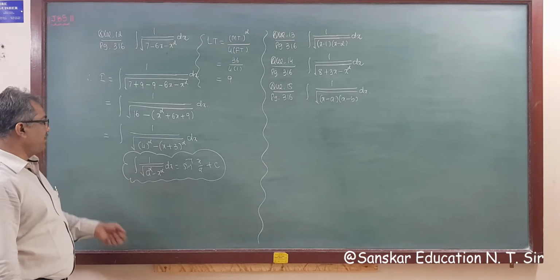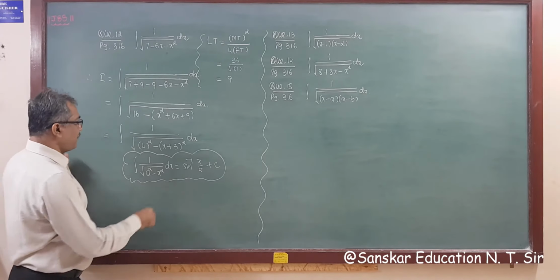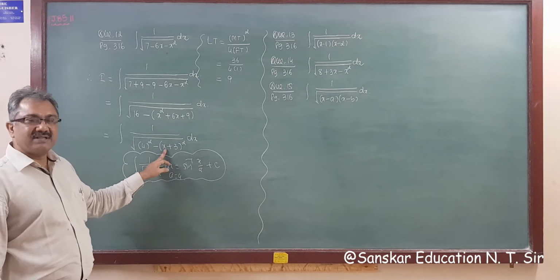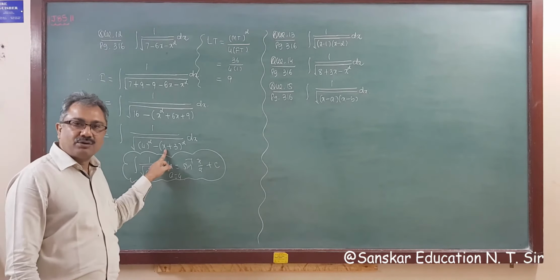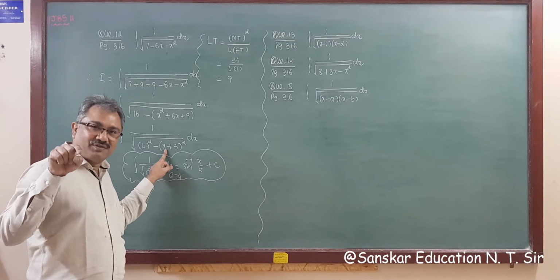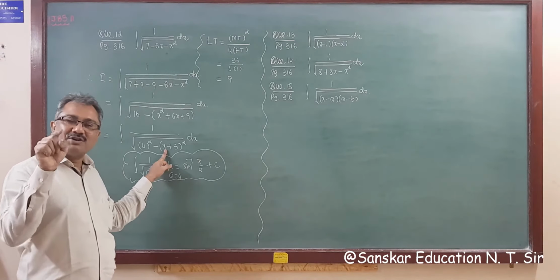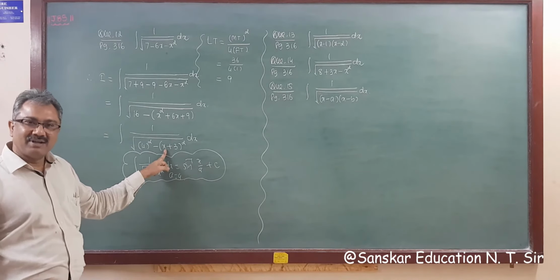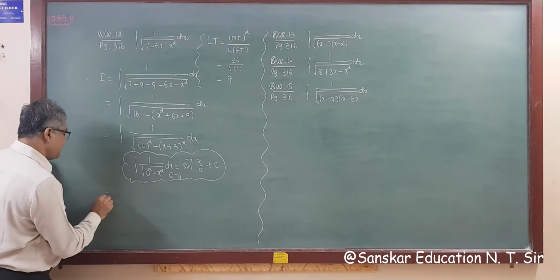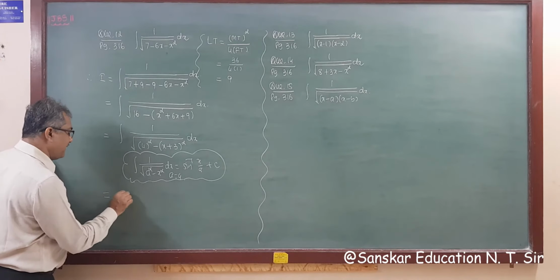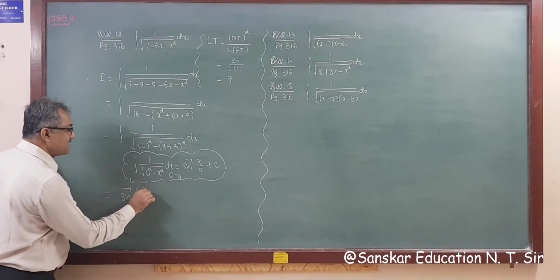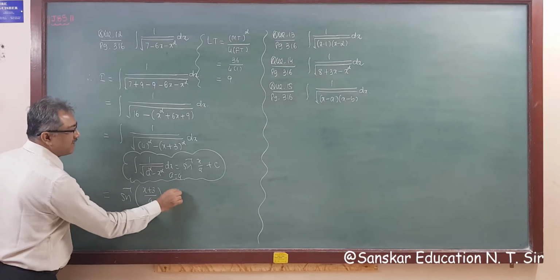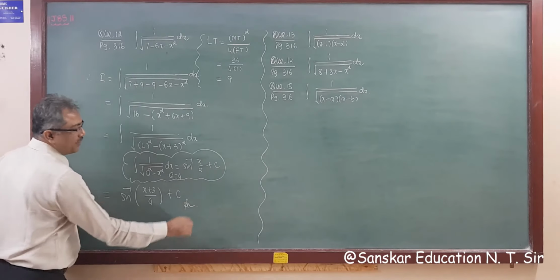So applying this formula, here a is 4, and instead of x, this is x plus 3, but this is linear, so no need to worry because coefficient of x is 1, and if we divide by 1, then the answer remains same, right? So answer of this is sine inverse x plus 3 upon a is 4 and plus c. So this is your answer.